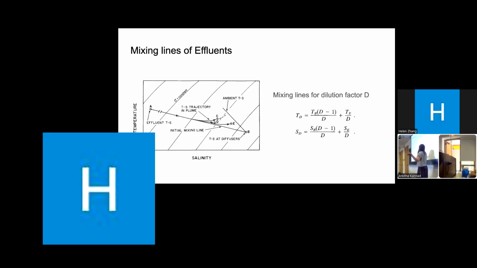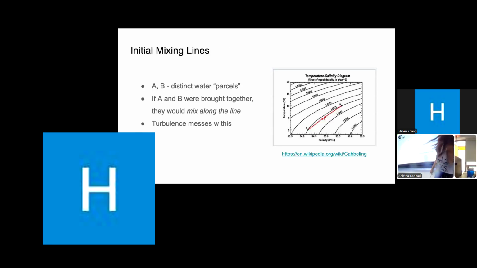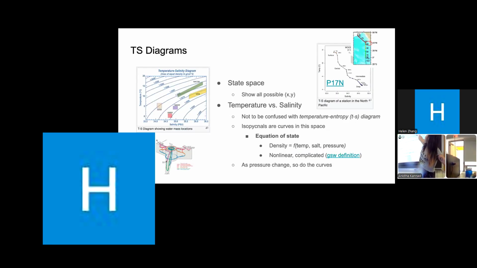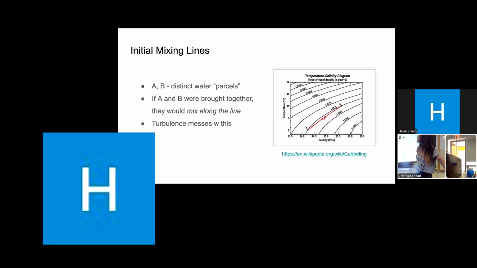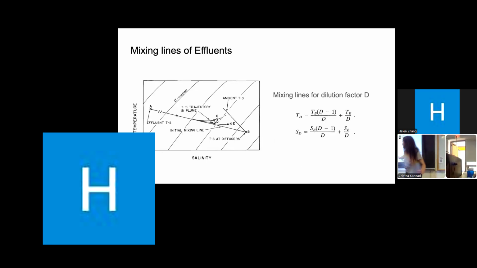What you can do is draw a line between the two. Usually TS diagrams wind up looking like a line for a single profile. So usually this line is what that TS diagram looks like.